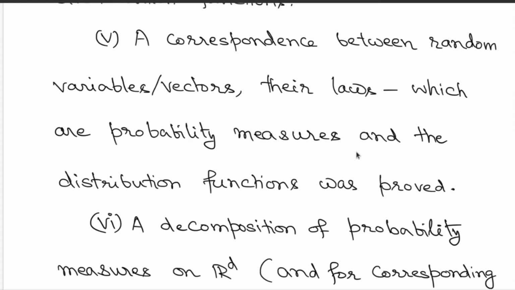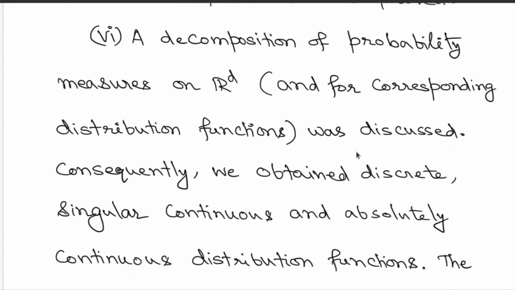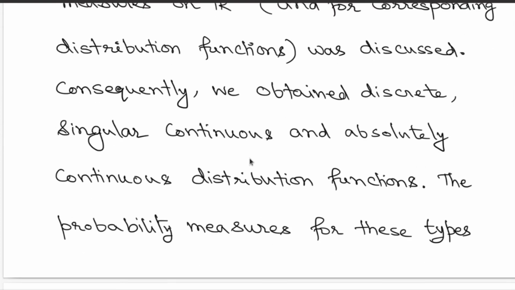Once we have understood these correspondences, then we looked at decomposition of probability measures on these Euclidean spaces R^d, and accordingly a similar decomposition was also discussed for corresponding distribution functions. Consequently, we obtained discrete, singular continuous and absolutely continuous distribution functions.